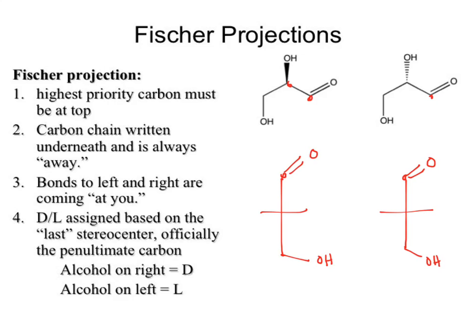So we can add the other one here with our OH at the bottom. The trick now is that we have to make sure that we put in our H and OH in the appropriate spots on either side of that. To do that, you must be drawing it as a Fischer projection. So what does that mean? Our carbon train is always written on this vertical axis, and it is always aimed away from the viewer.